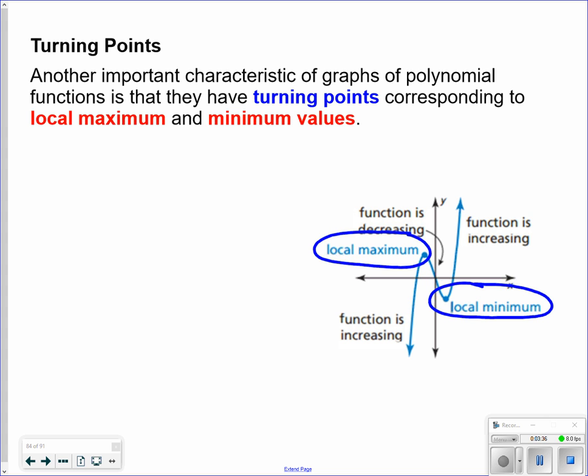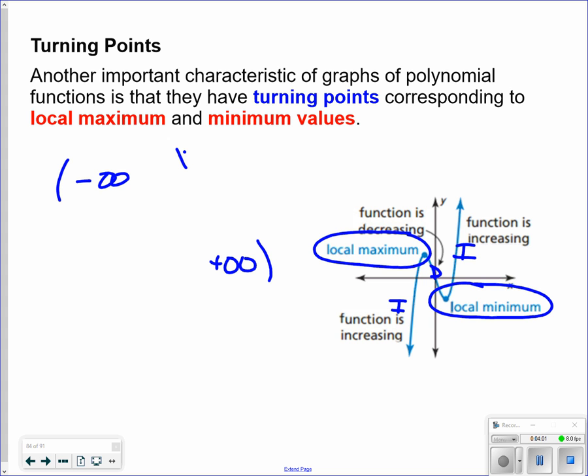And we're back to talking about increasing and decreasing. Going from left to right, looking at this like a roller coaster, this would be the increasing, this would be the decreasing, and then we're back to increasing again. So we're back to those interval notations. Everything starts at negative infinity on the left-hand side and ends with positive infinity on the right-hand side.